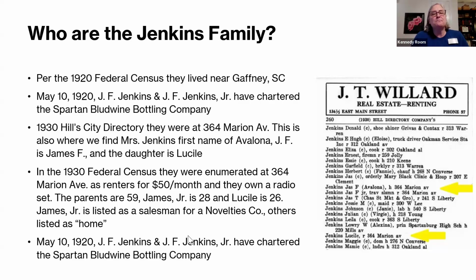And May 10th of 1920, a J.F. Jenkins and J.F. Jenkins Jr. have chartered the Spartan Blood Wine Bottling Company. As far as I could tell, the Blood Wine Bottling Company was some sort of a health tonic company, and they originated out of Atlanta. So this was a local franchise of this blood wine bottling company.